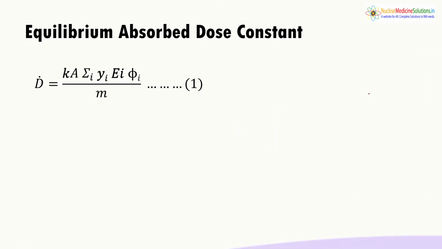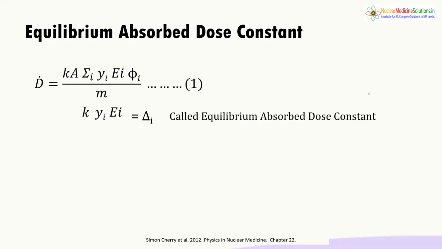There is a term called equilibrium absorbed dose constant. If we club this proportionality constant, the yield Y i is constant and the energy of the isotope is constant. K Y i E i is a constant. So if we club all the constants together, it is called the equilibrium absorbed dose constant, and it is denoted as delta i.